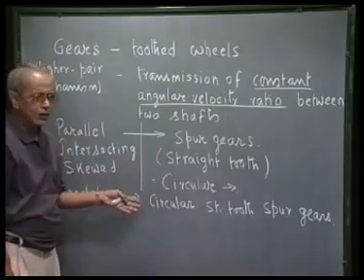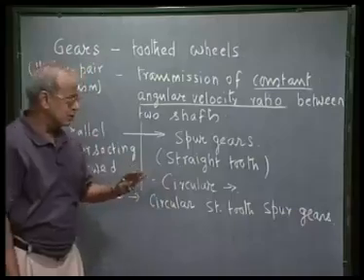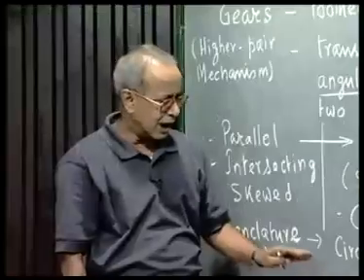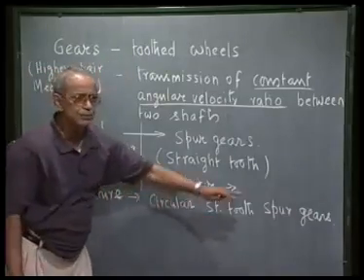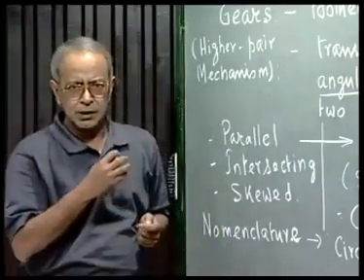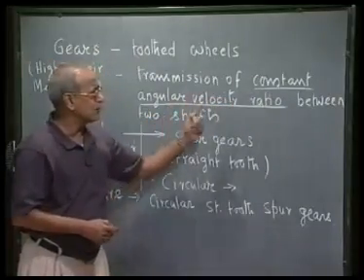Later on we will talk about different types of gears which are not circular straight tooth spur gears. Let me now show you with a figure how a pair of such wheels transmit motion from one shaft to another, maintaining a constant angular velocity ratio.